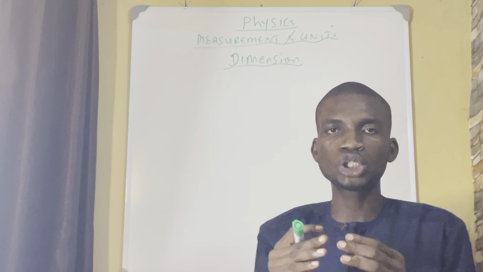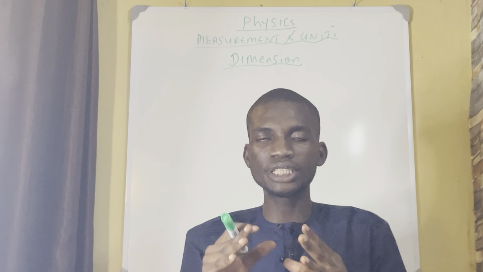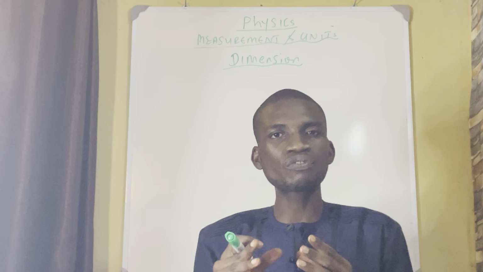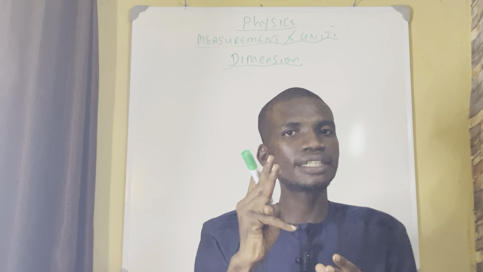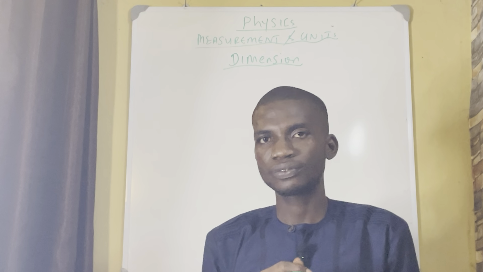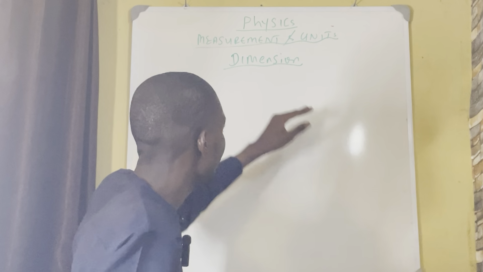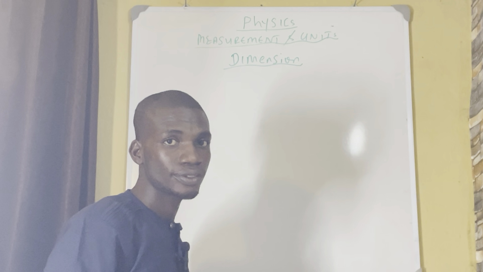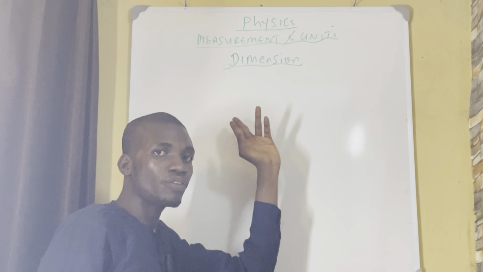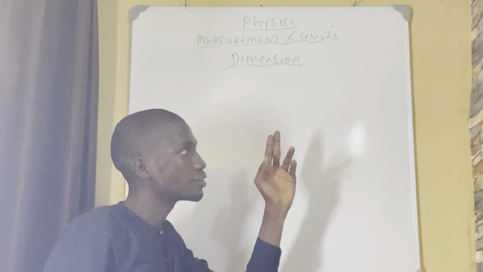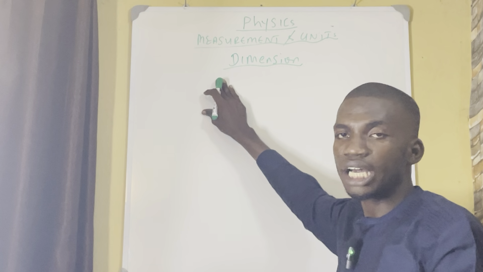When we are talking about dimension, we are talking about a quantity that can be gotten from the three basic, what? Three basic fundamental quantities. You understand? That is what we call dimension. You express the quantity in terms of fundamental quantities, but the fundamental quantities we are talking about are the major fundamental quantities.